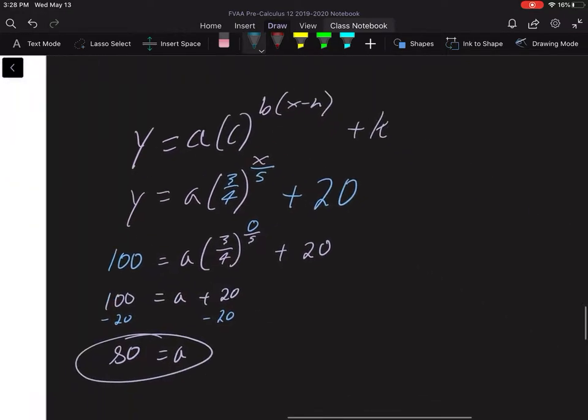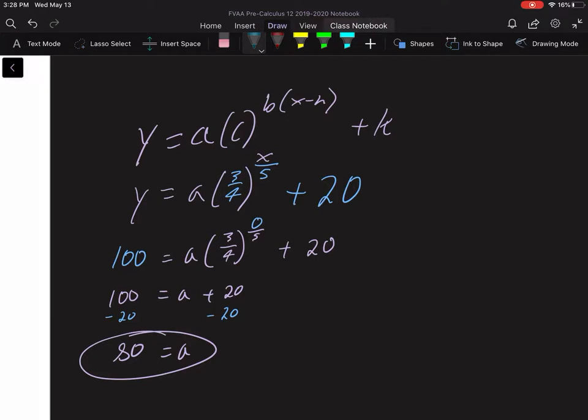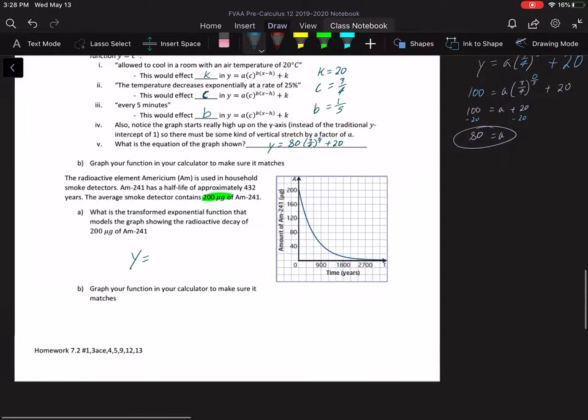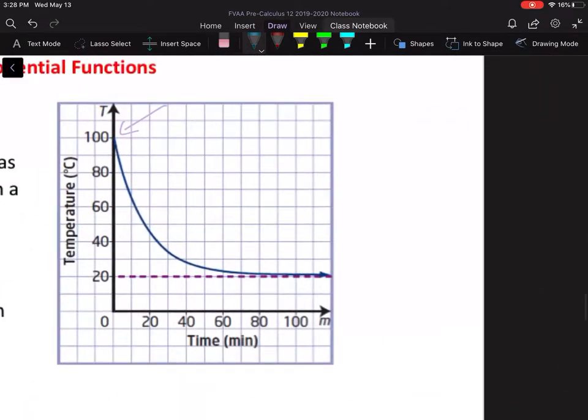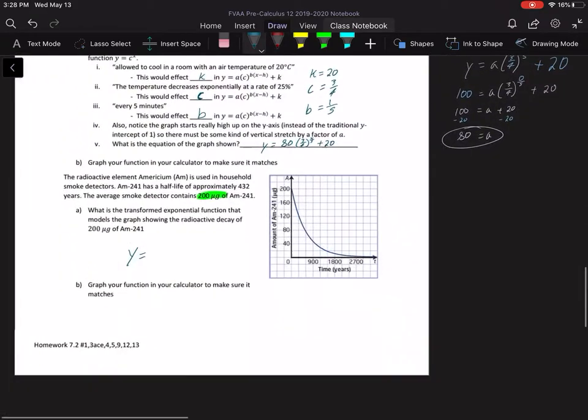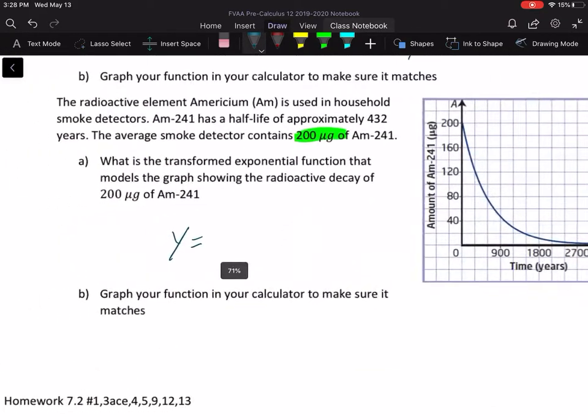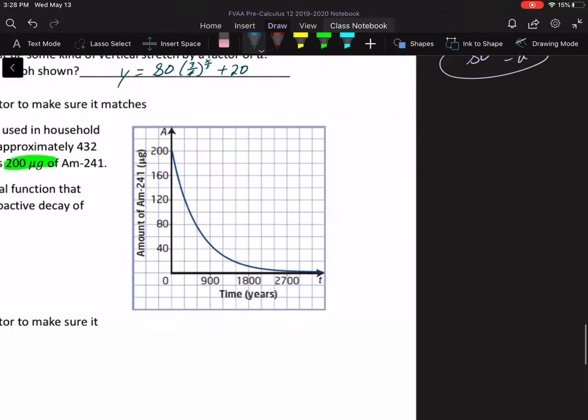Because the b value can't; if x is 0, that's not going to change your y-intercept. Here we had a k value of 20, which meant we had to figure out the additional reason for the 80 increase in our y-intercept. Here we don't have any k value, so that y-intercept is entirely due to that a value.